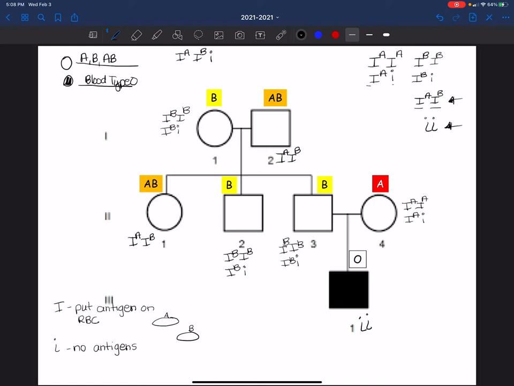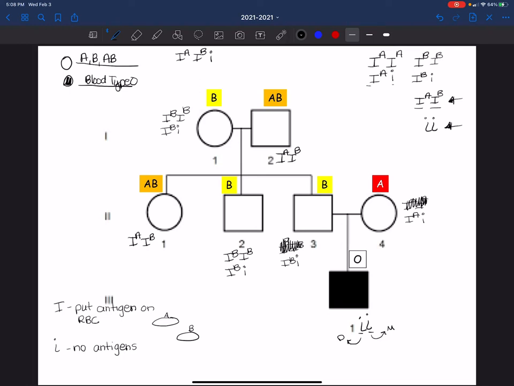And so here's where we're going to start doing our backtracking again. So if you look at generation 2, person 3 and 4 and their child, each of the parents had to give a little i to their child. So one little i had to come from the mother, and one little i had to come from the father. So that means that they can't be homozygous for their genotype.